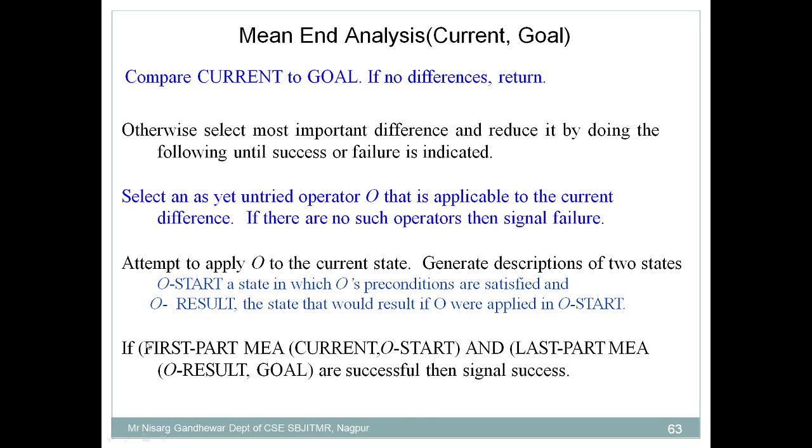So that's why this part is the last step. The first part of MEA accepts two attributes, current state and the starting state, and the last part of MEA takes the result and the goal state. So finally you have solved the major part of the problem, and then the small part of the problem, and you combine the solutions to get the final solution.